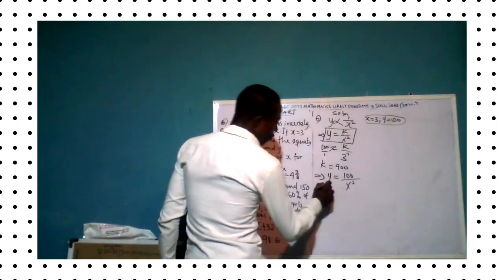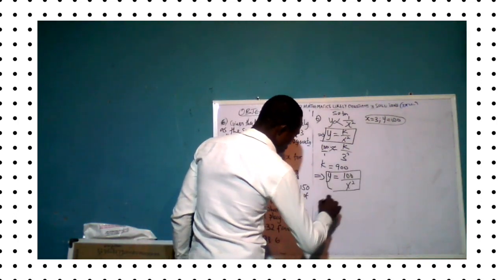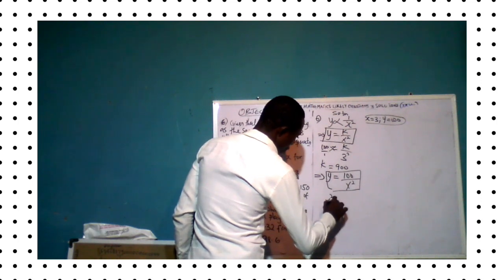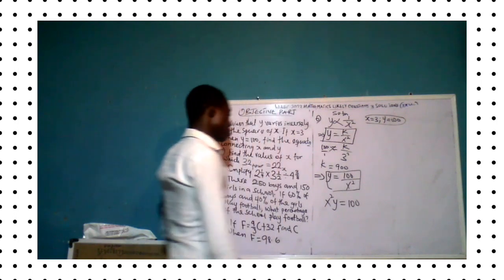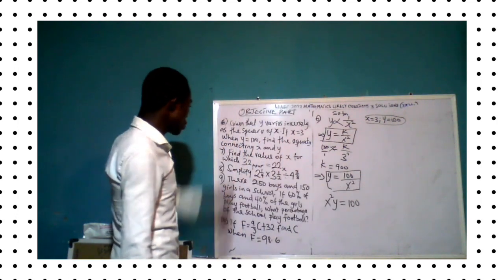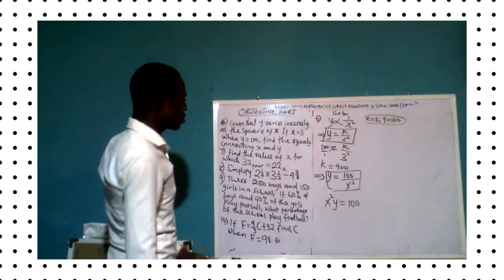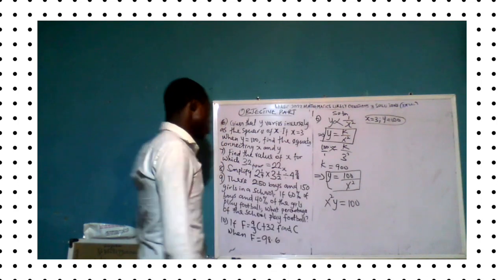However, if you don't find this in the options, you can as well find x squared y equals 900 in the options. Either of these will be in the options if you come across this question.